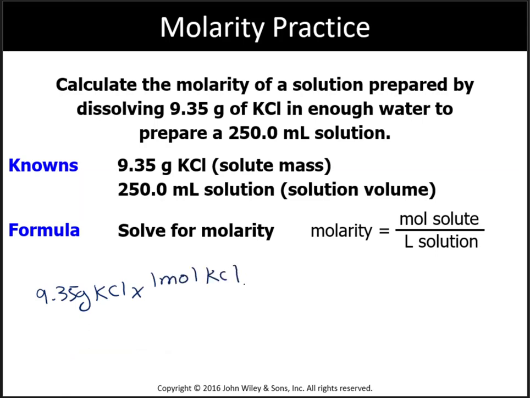In order to convert that to moles, we're gonna have to use the molar mass of potassium chloride. So each mole potassium chloride is 74.55 grams of potassium chloride. Mass and mass cancel out. So this gives you the number of moles of potassium chloride, and potassium chloride is your solute.